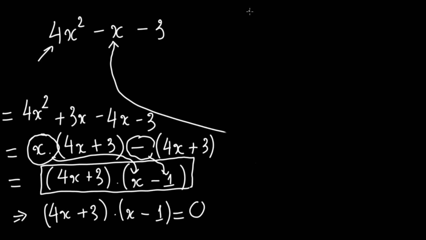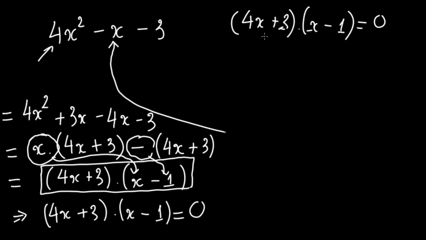You see, we set 4x plus 3 times x minus 1 equals 0. These two expressions, when you multiply them together, equal 0. So each expression could be equal to 0, right?